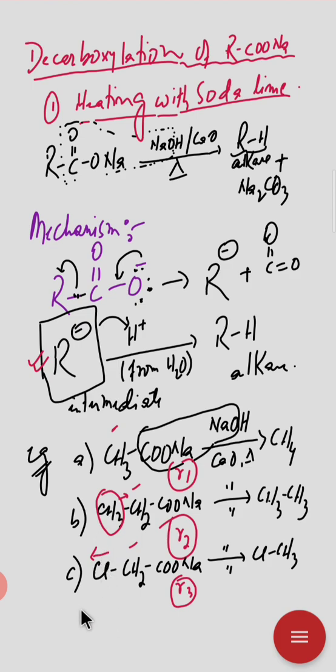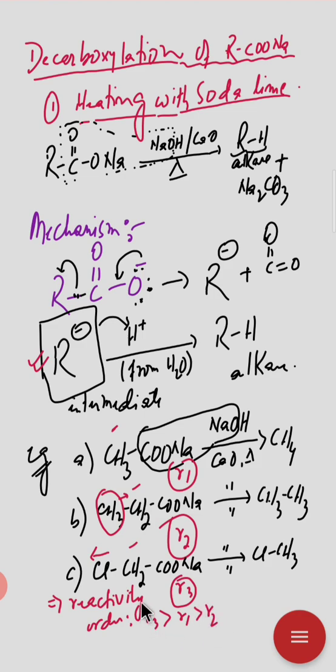So the rate of this reaction will be more. Okay, so this implies the reactivity order will be R3 will be most reactive, then what? R1 will come in the second place, because between methyl carbanion and the ethyl carbanion, methyl carbanion will be more stable, so R1 will come before R2.